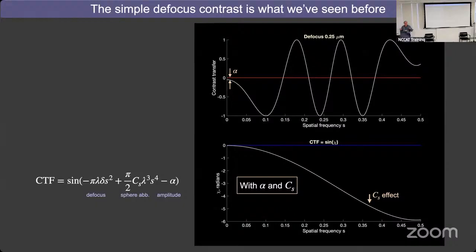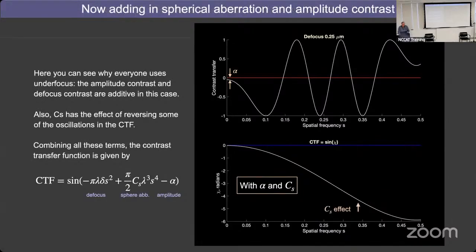But the processing programs can handle that, you just tell them my defocus is the opposite polarity. Okay, so yeah, here's the explanation. This is why everyone uses underfocus.